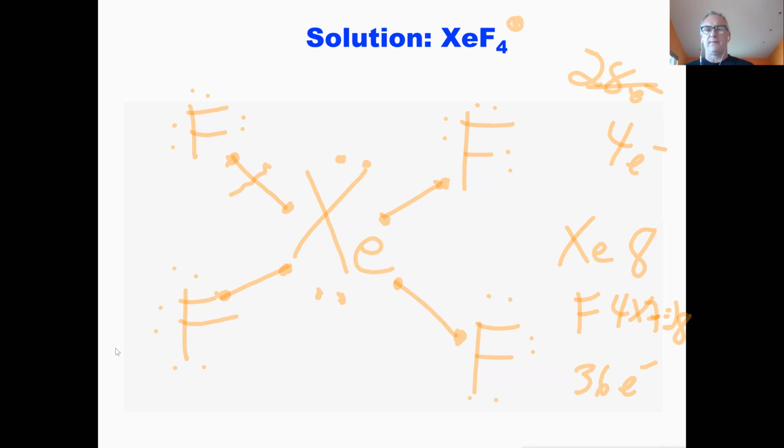Where do you get that number from? I only see 6 valence electrons. Where's the other one? The other one is from the bond with xenon, half of it.